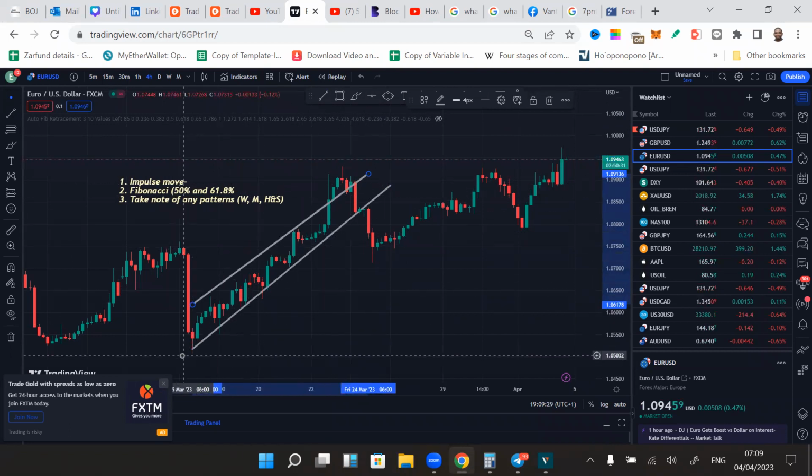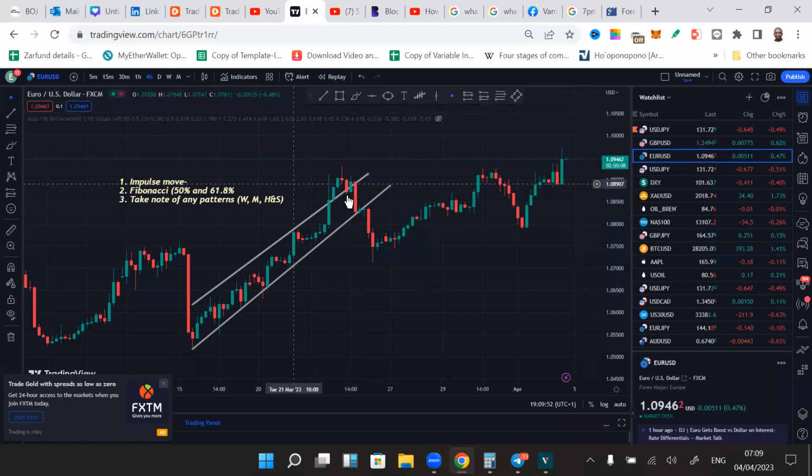This one is an impulse move, but it has only 3 candles in it. This one is also an impulse move, but it has more than 3 candles in it. It has a lot of candles, but it continues in a particular direction with no significant change in direction. It just continues like that until you see a change.